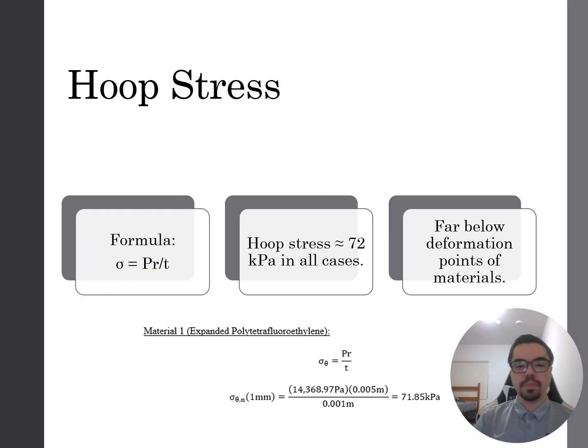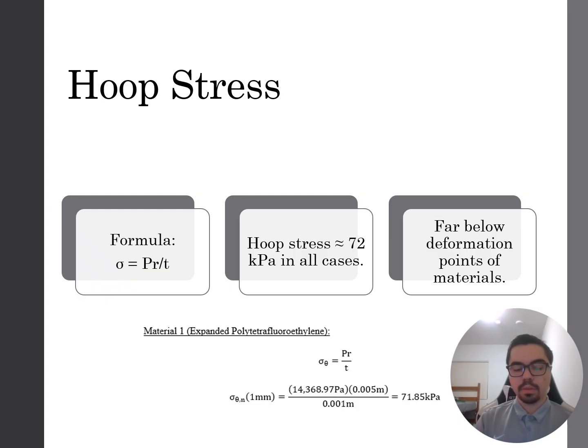So one of the stresses we can calculate is hoop stress, due to the vessel acting essentially as a thin wall pressure vessel. The formula is simply the internal pressure multiplied by the radius of the vessel divided by the thickness of the vessel. And you can see one of the example equations. This one was for the expanded polytetrafluoroethylene.